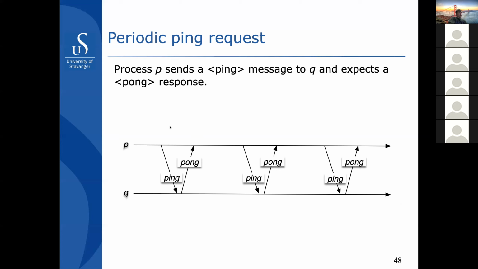So this is the sort of algorithm where you would attach a timeout, meaning that the process P sends the ping, and then it will wait some time period afterwards. If the process Q didn't respond back after this time period, it would assume that Q has failed.